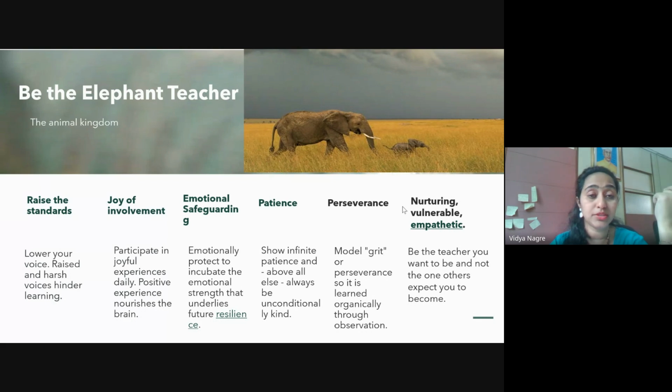Joy of involvement. As a teacher, you should also enjoy the process of teaching. Enjoy watching your students learning. That is also very positive dopamine you are going to get. So always participate in joyful experiences daily. Create activities for students where you are also engaged with them.